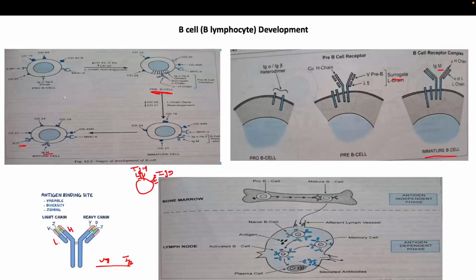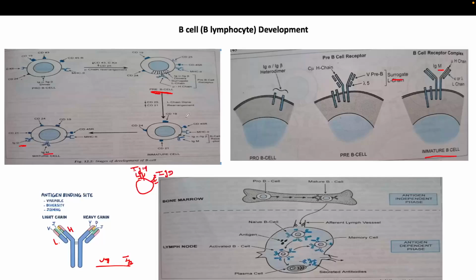Okay, so in the case of the pro B cell, firstly the immunoglobulin alpha and beta dimer will be present. Then when it is converted into the pre B cell, during this duration heavy chain rearrangement will take place, and in the pre B cell the heavy chain will be present, and meanwhile the light chain rearrangement will start.